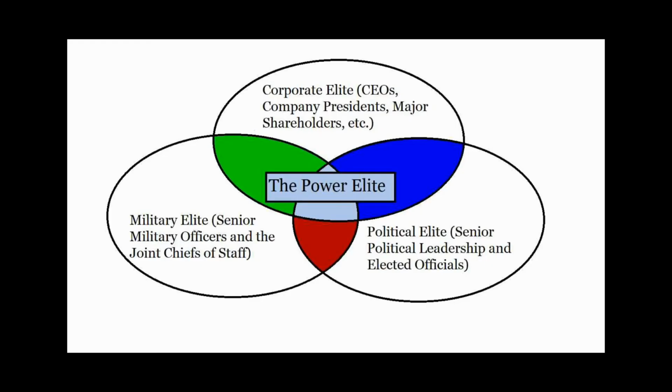According to C. Wright Mills, the power elite are the bourgeois, the corporations, CEOs, company presidents, major stakeholders, shareholders, etc. And then we have the political elites, who are the political leaders, the president, the legislative, the executive, the judiciary, and then we also have the military and the police, because they are the ones who do the reinforcing.